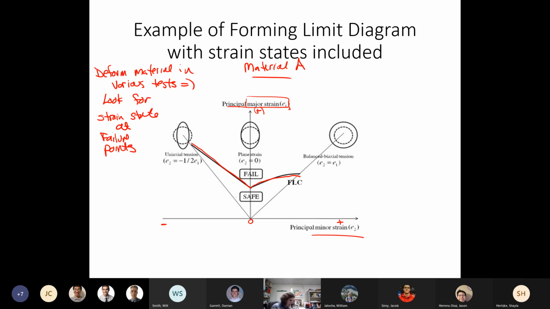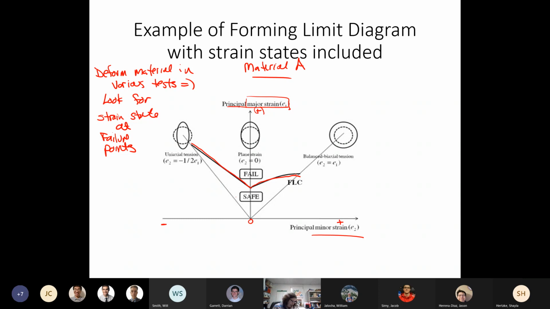Each point along this line is a failure. You may have to deform the material in different ways, and how you actually come up with this is a fairly involved process.